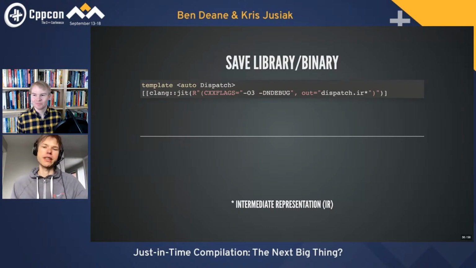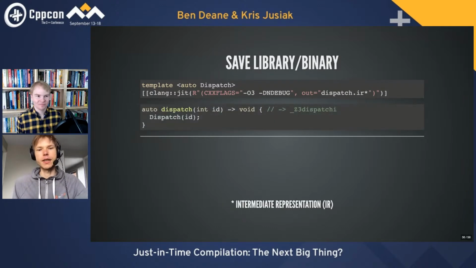and we'll just try to produce the intermediate representation, which is IR here, because we're using Clang, so it will be in the Clang terms. By default, the flags will be propagated from the host, so maybe the host wasn't built with debug because we didn't get an assert here. And the dispatch function will take an ID. Notice here that the mangled version of that function won't take any templates.